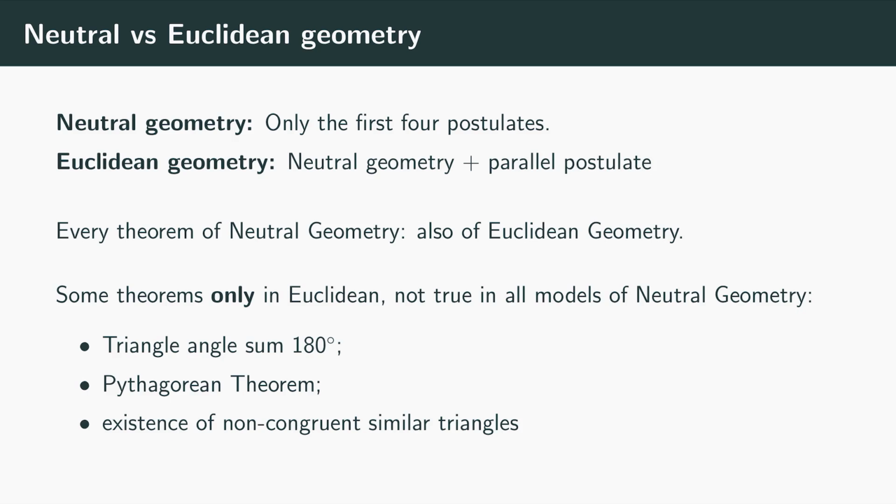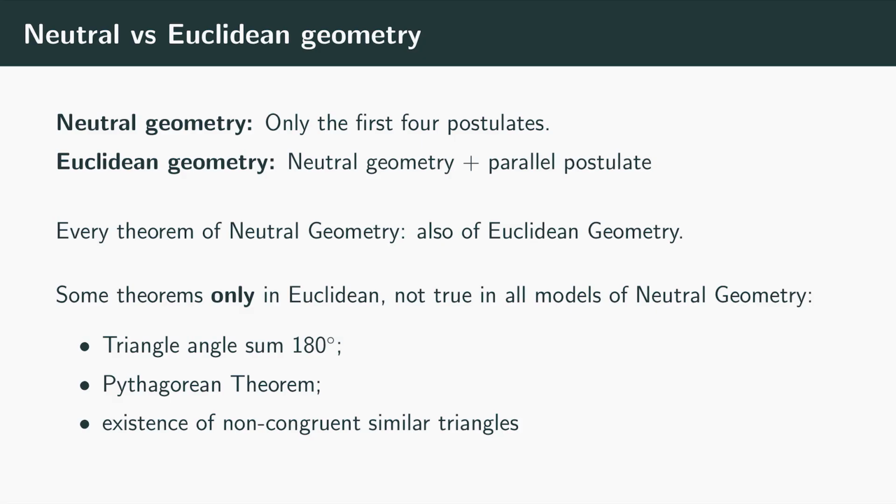So of course, every theorem of neutral geometry is also a theorem of Euclidean geometry. A neutral geometry can be Euclidean, or it can be something else. And there are some theorems you know and love, or hopefully love, that are not true in all models of neutral geometry. They're true in Euclidean, but not in a hyperbolic geometry. So for instance, the sum of the angles in a triangle adding up to 180 degrees turns out to be a statement that is equivalent in neutral geometry to the parallel postulate.